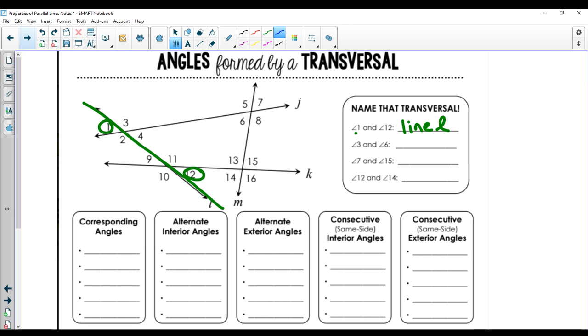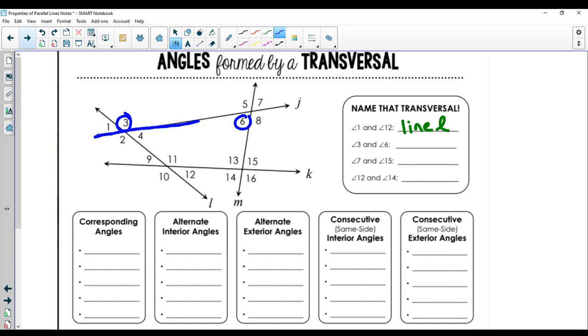Now we got a different pair. So let me erase this green. 3 and 6. So we got 3 and 6. Which line do they both fall on?